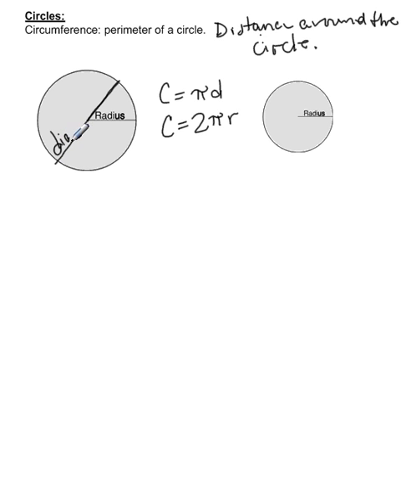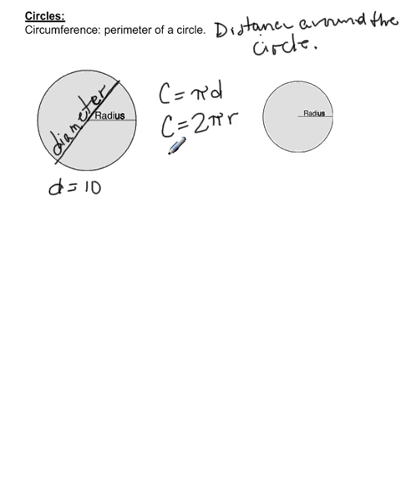This would be your diameter. Okay, and right now that's the only parts of the circle that we need to talk about. So if you're given all the way across for circumference, you use this formula because it has diameter in it. And if it's halfway across, it's called the radius, so you use this formula. Okay, so in this problem, let's say that the diameter is equal to 10.